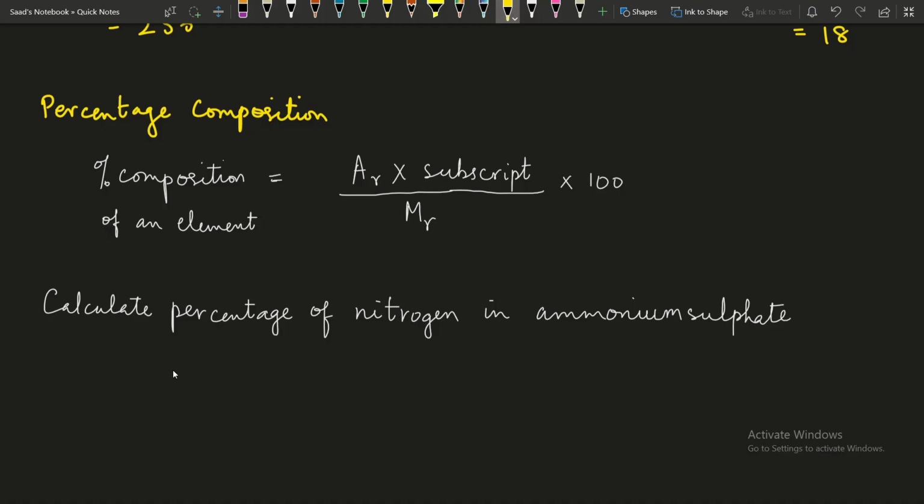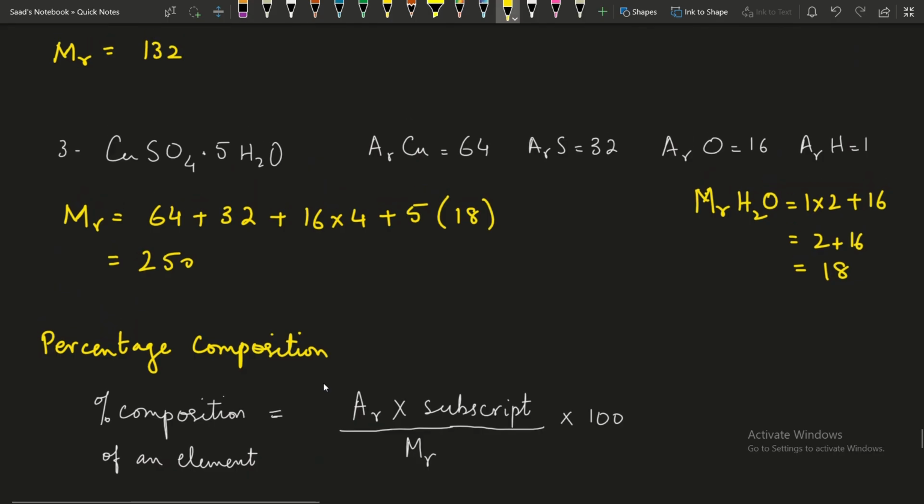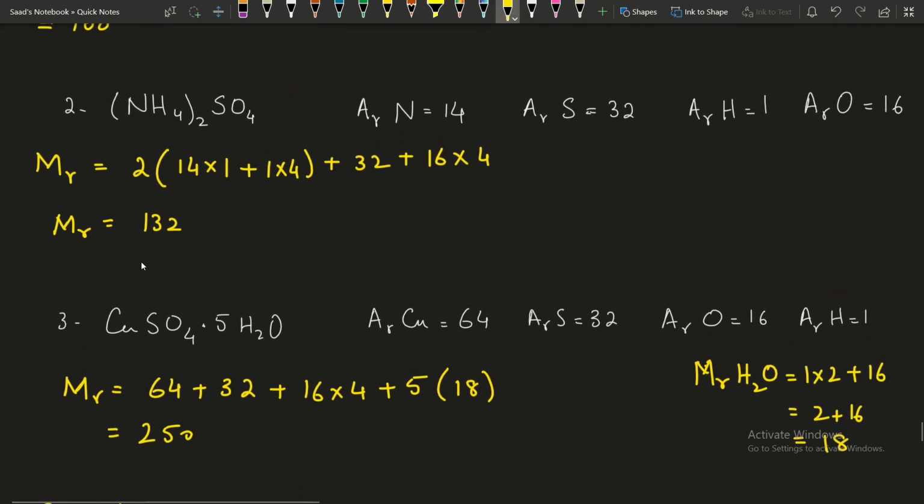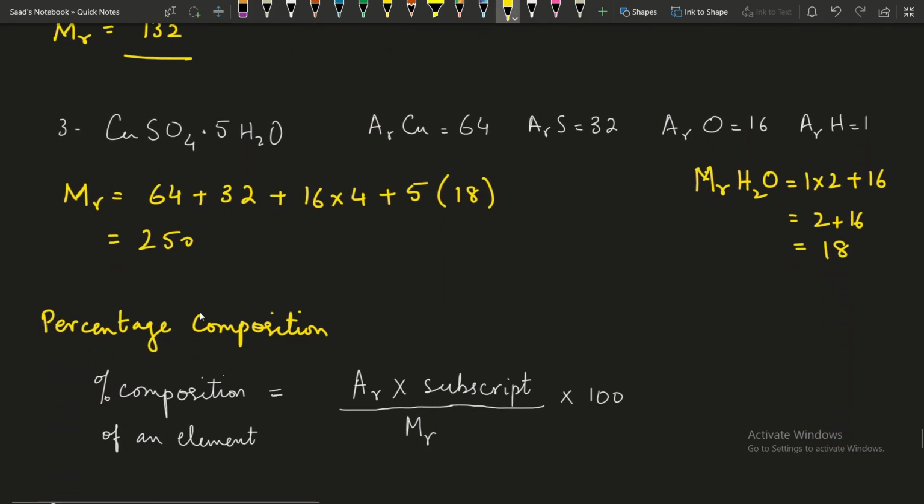So here's the question: calculate the percentage of nitrogen in ammonium sulfate. For that we need MR, and we have just calculated the MR of ammonium sulfate above. Here its value is 132.